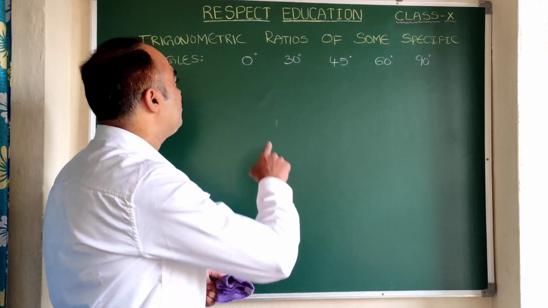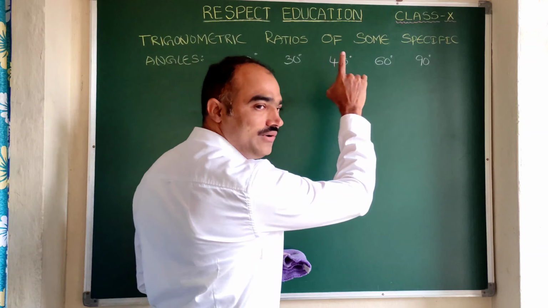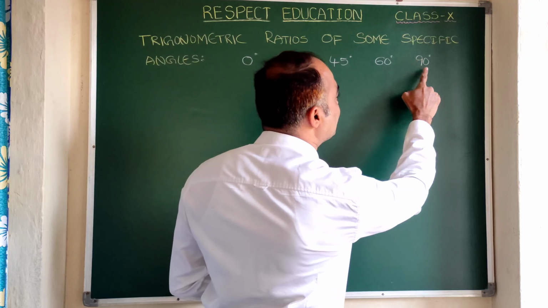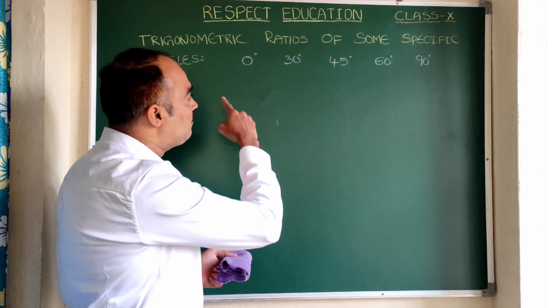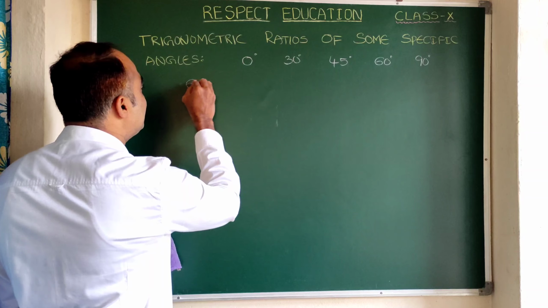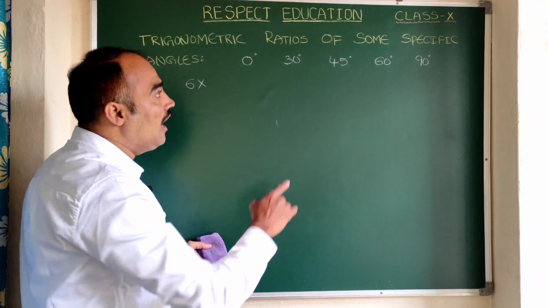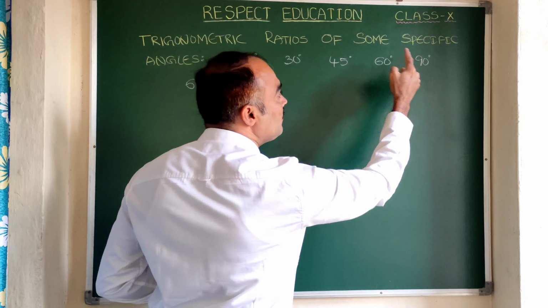So we are going to learn the values of sin 0 degrees, sin 30 degrees, sin 45 degrees, sin 60 degrees and sin 90 degrees. Similarly for cos, all the 5 values. For tan, all the 5 values. Like that, how many ratios are there? 6 ratios are there. How many specific values we are going to learn for each ratio? 5.